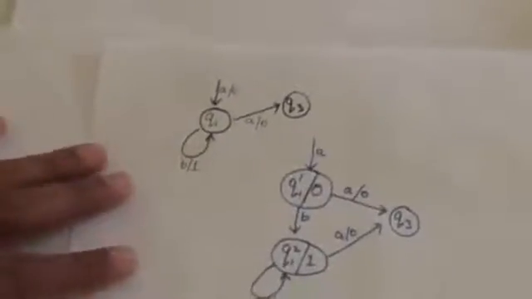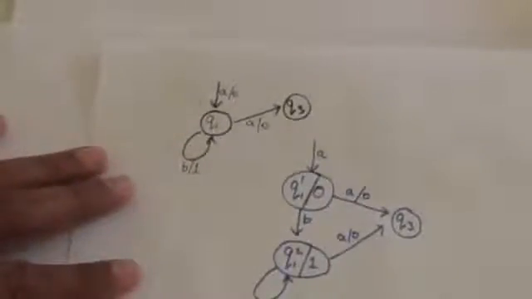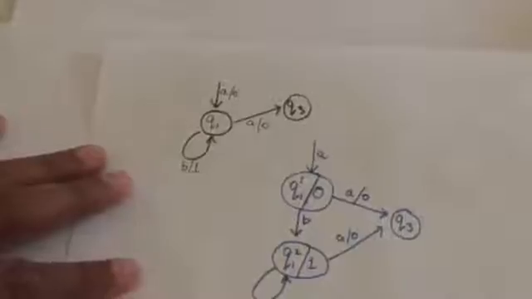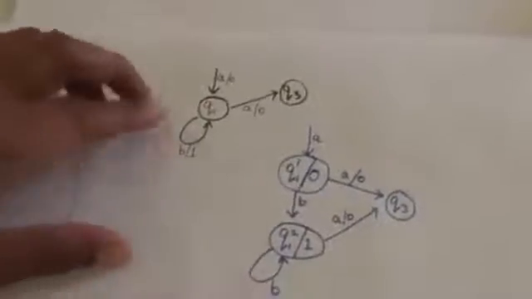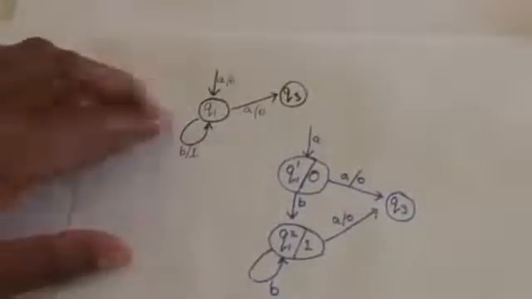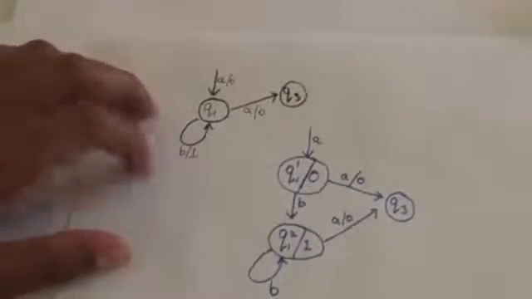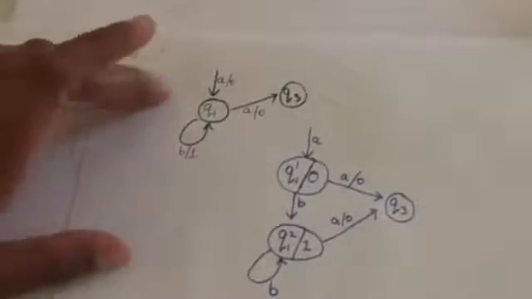Now third case. Now look at this state Q1. It has an incoming edge which is labeled by output symbol 0 and there is a loop which is labeled by output symbol 1. Now this loop is an incoming edge as well as an outgoing edge, right?